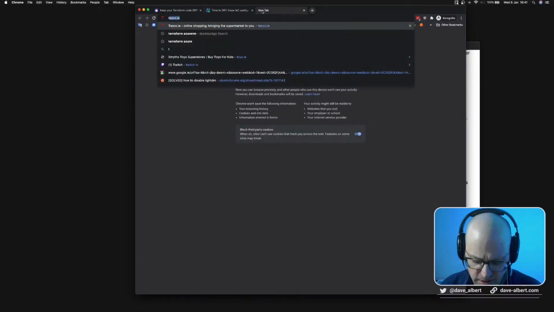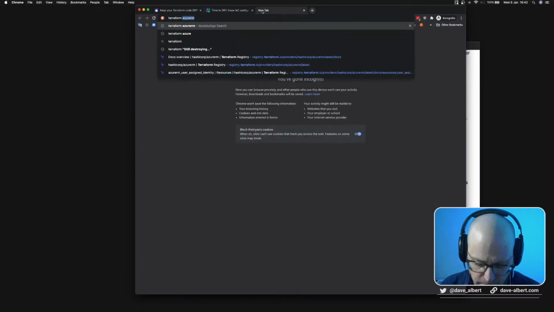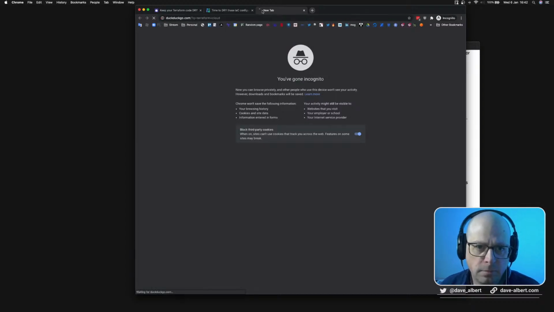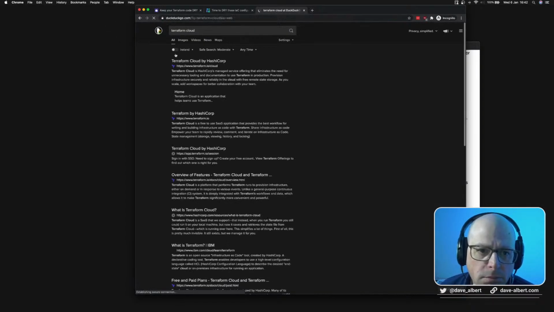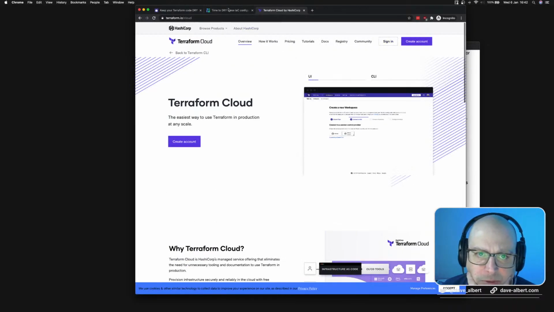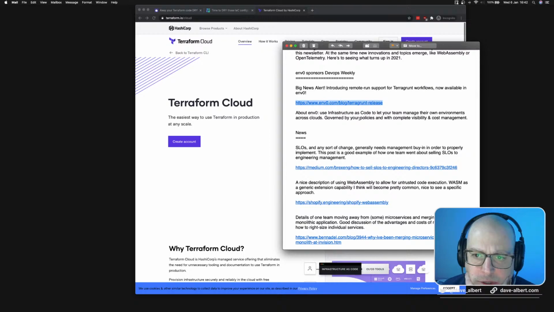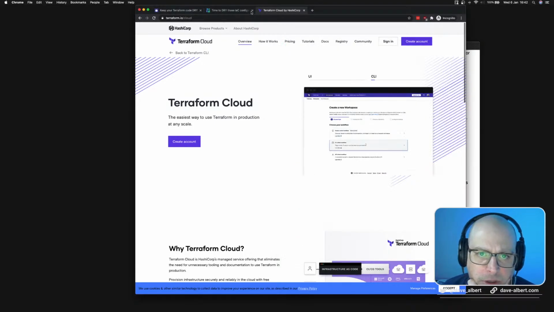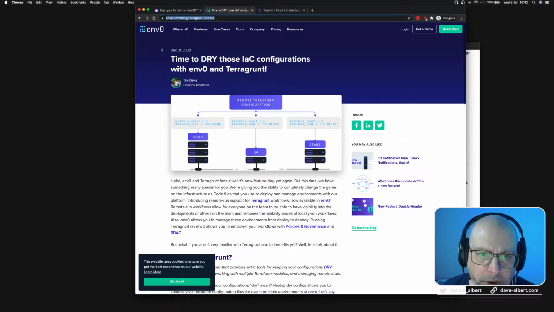Is that what it's called? Yeah, Terraform Cloud. So it's like Terraform Cloud, except it can run Terra Grunt. Okay. So if you use Terra Grunt, env0, I don't know if that's how they pronounce it.